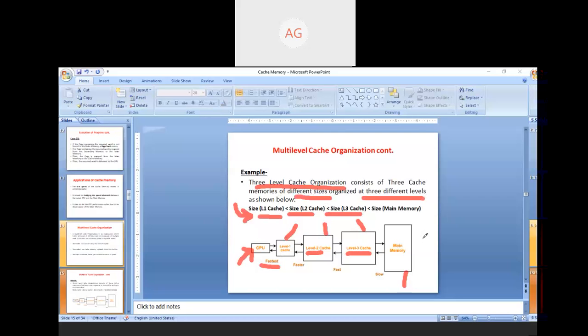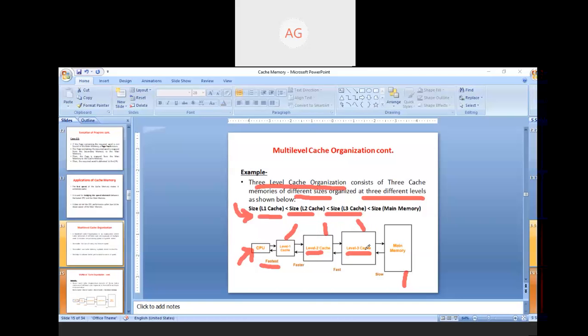The cache memory is not present only singly, it can be placed in the form of an organization. It can be a two level organization if two caches are present, like level 1 and level 2. It can be three level, because here three levels of cache are present, and it can have many more levels.